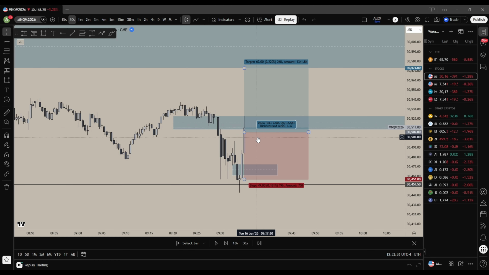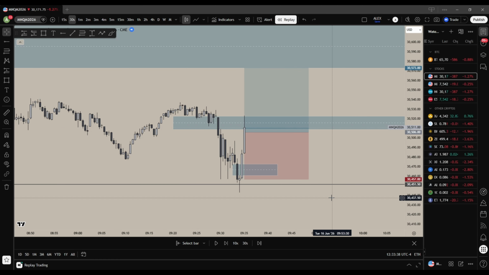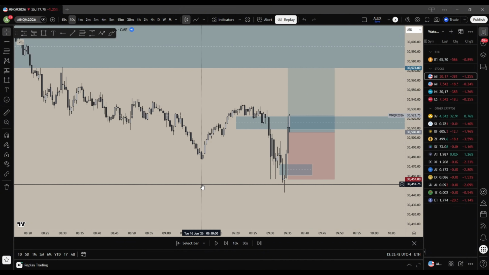But unluckily, because of my fault, I didn't notice and I entered. Had this been a backtest, I would probably not have taken this trade, but since it's live markets and the chart moves, I couldn't see it.